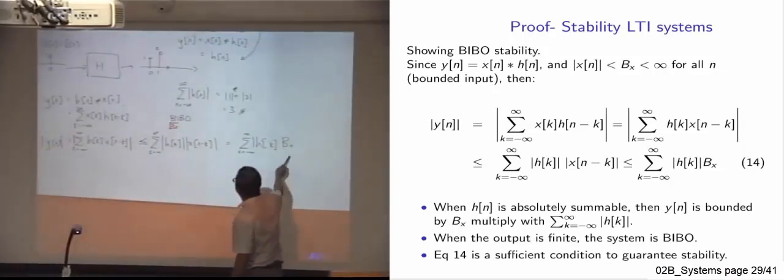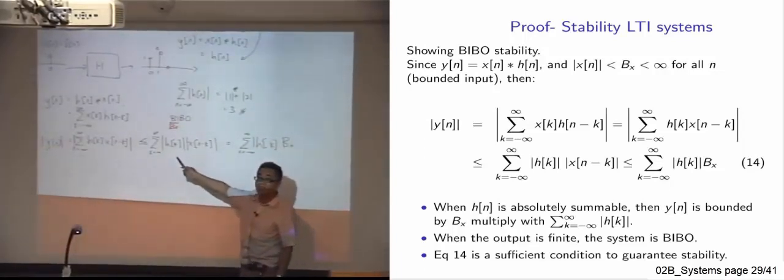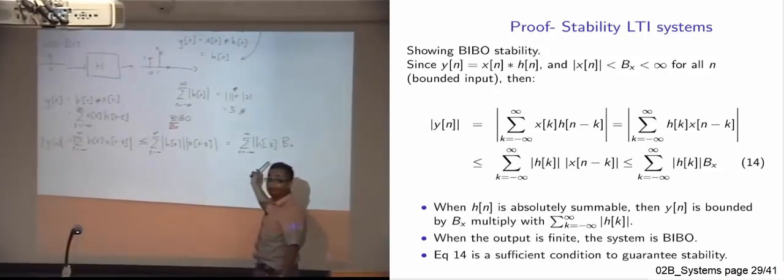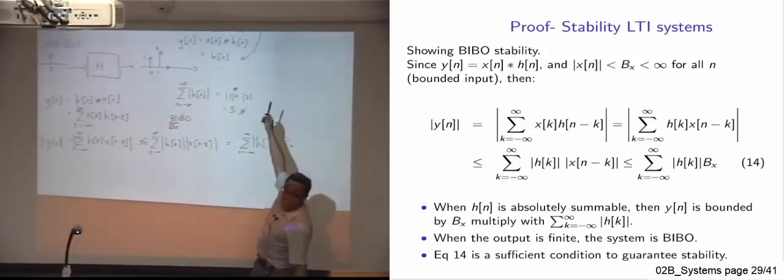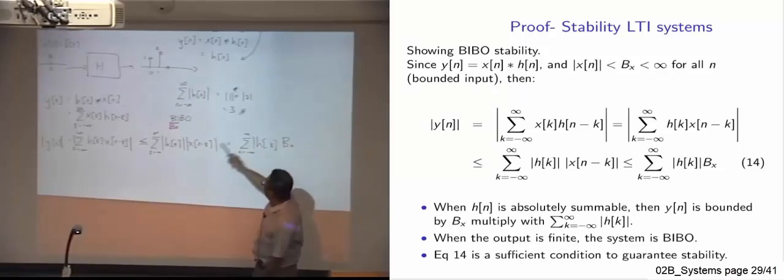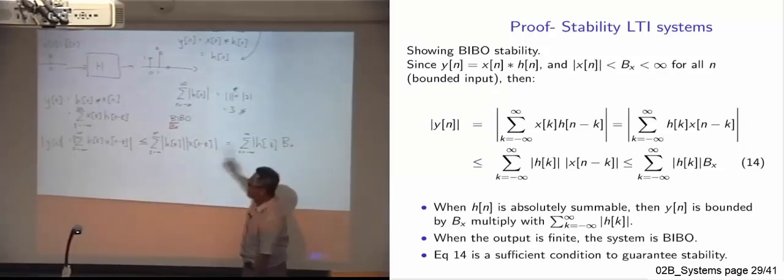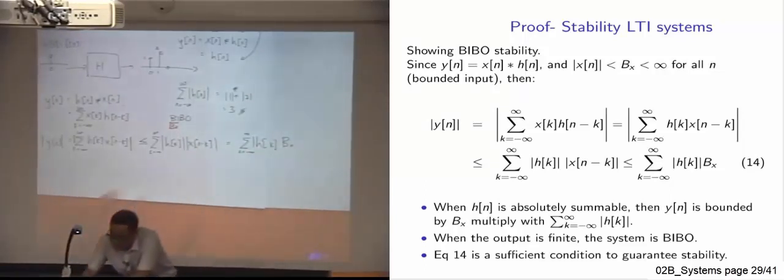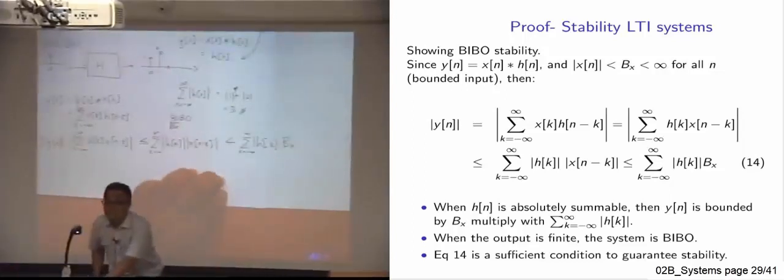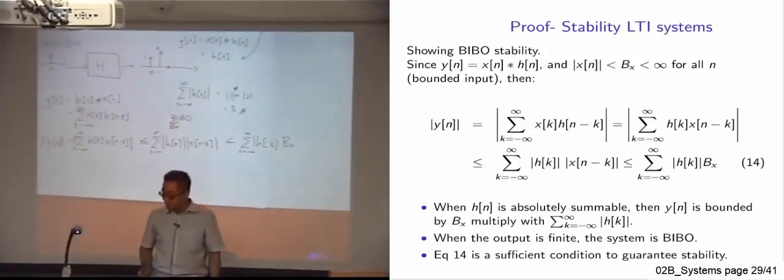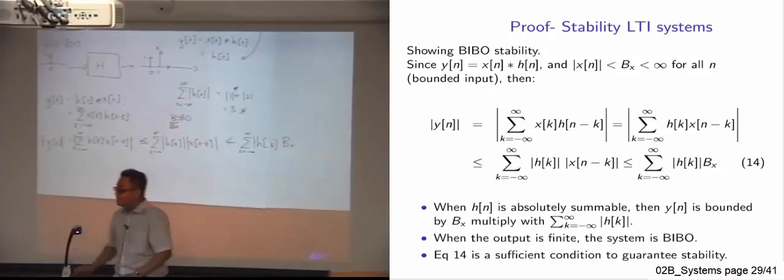Who's larger, this or this? Bx is the largest value, right? So the largest value times h is always, of course, larger, since sometimes it is smaller.